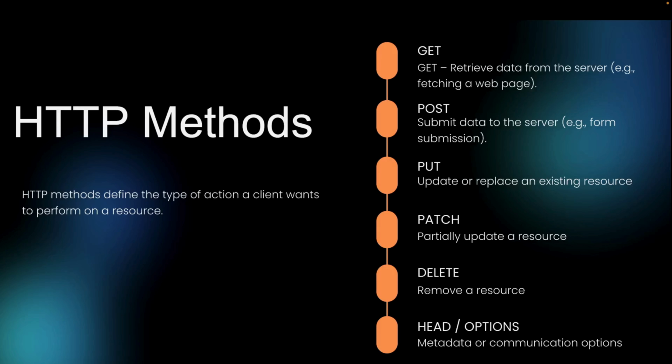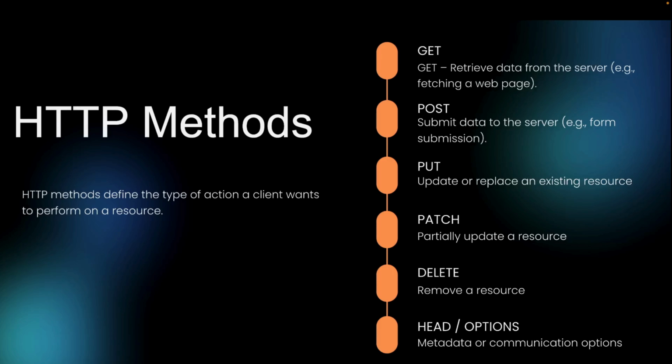Then we have PUT method, which replaces an existing resource. For example, when we send a request with parameters like /users/101, it replaces all user data with new data for the user whose ID is 101 again. I am giving all the examples for user with ID 101.